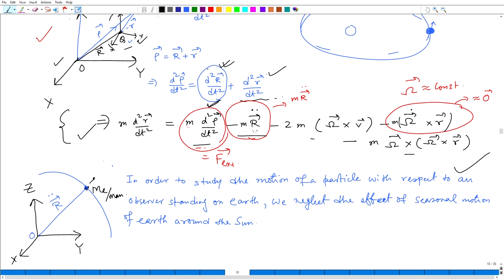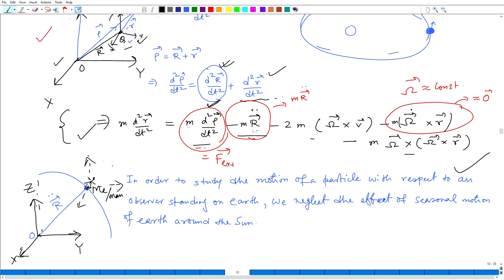The person should look like this. For that person, you will see that the person is spinning with respect to this inertial frame of reference, but the person has a coordinate axis attached, which is here: some small x, small y, small z.